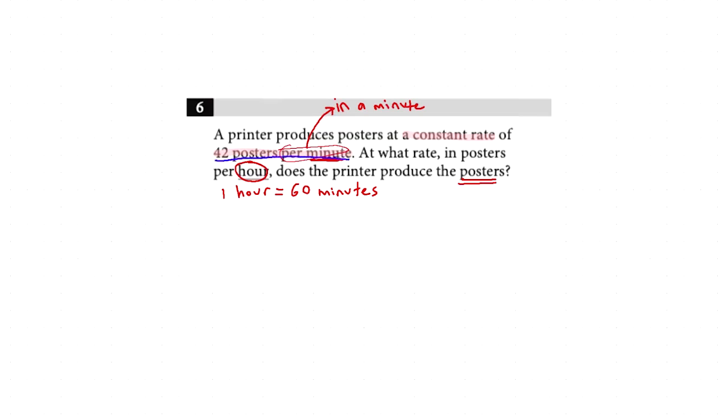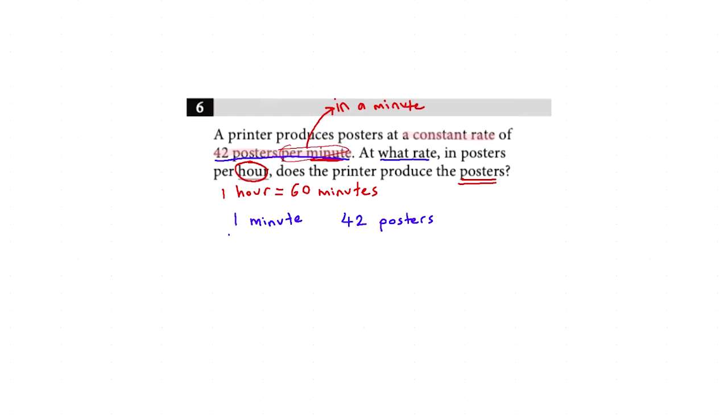So I'm going to create a proportion here. In 1 minute, see how I create my proportion. How many posters can I create? I can create 42 posters. The question is, at what rate in posters per hour?